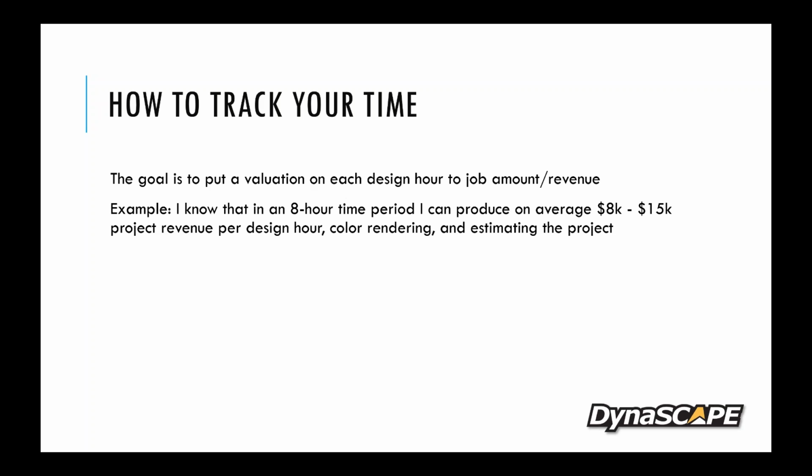If you're having an off day and you might be stressed out, you're not really firing on all cylinders, but in a normal day, I can do about $8,000 to $15,000 in design work, color rendering, and estimating the project in an hour. So if I have a good day and I have all the information I need as far as my site photos, a survey, I know really everything I need to do on the drawing, and I'm not guessing what I'm supposed to do.